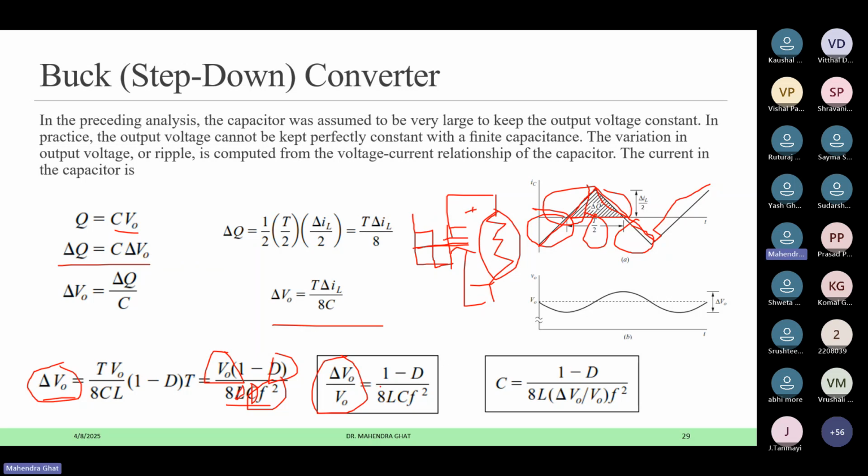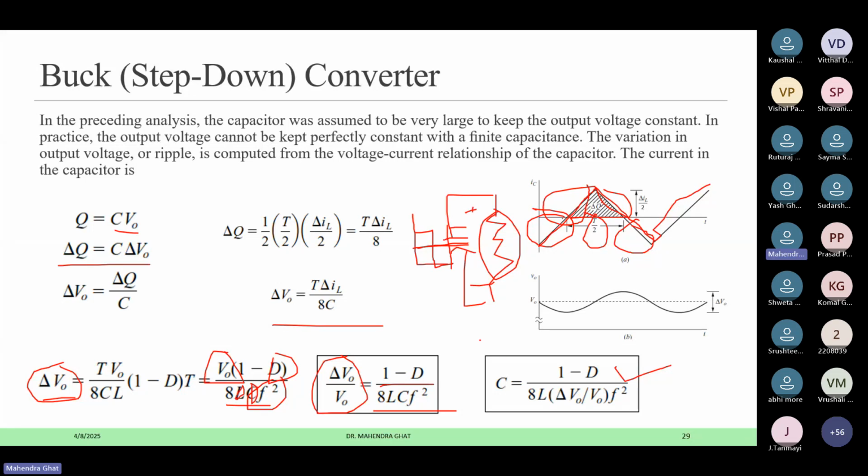So I will say 1 minus D by 8 L C F square is the ripple content. Similarly, if I want to calculate C from this equation, I can say C is 1 minus D by 8L into delta VO by VO into F square. So these are some equations we have derived for getting the capacitor.